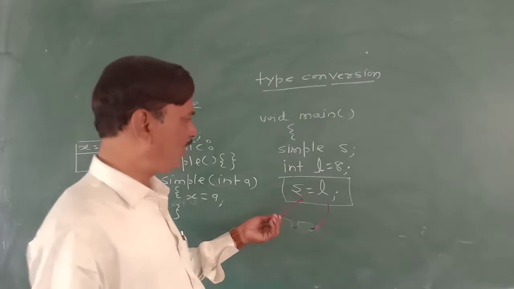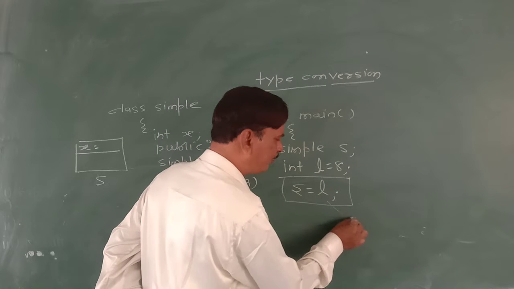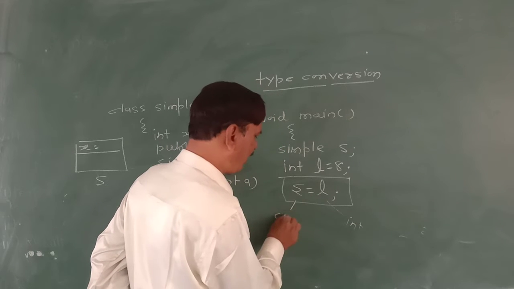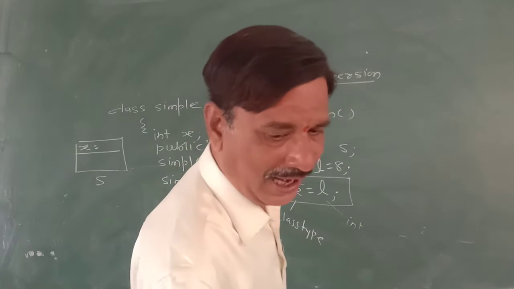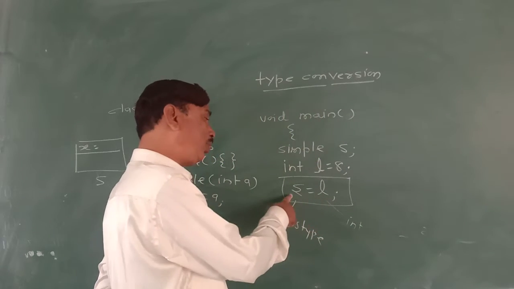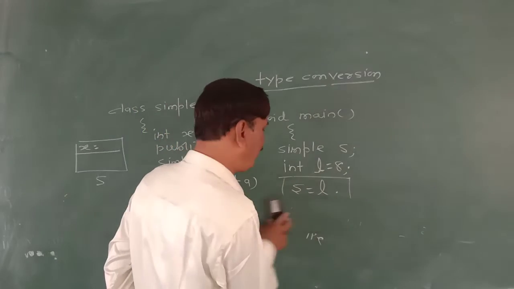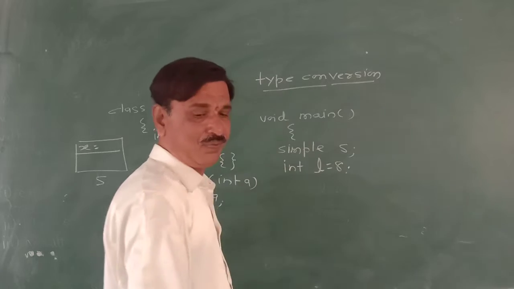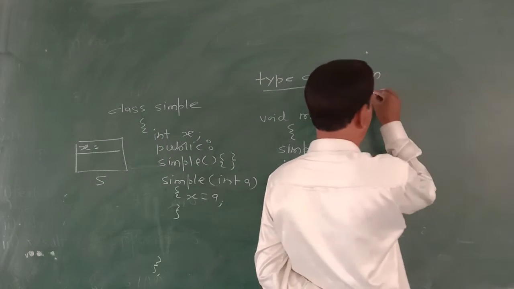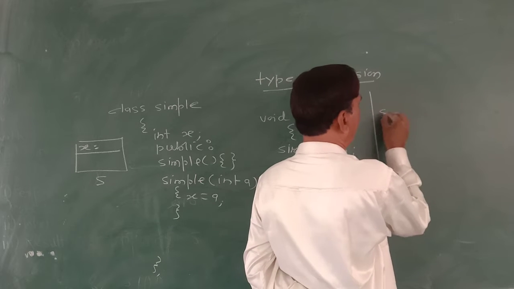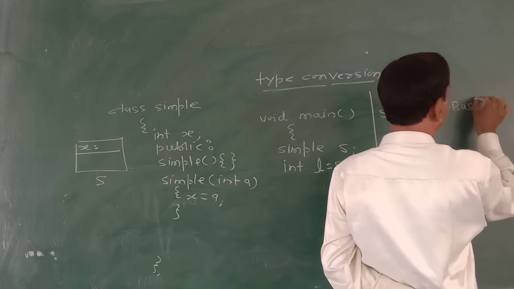And in this expression, mixed variables are involved. One belongs to int, another belongs to class type. It means basic to class, how is it possible? This we have to do by type conversion. S is equal to L is basic to class.